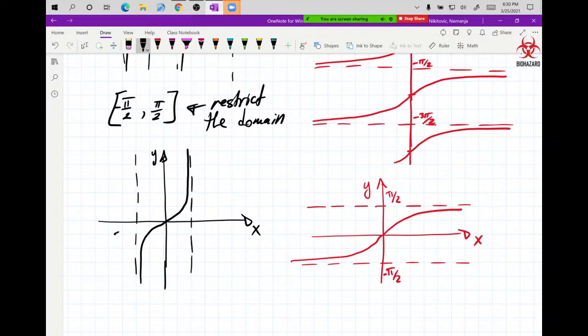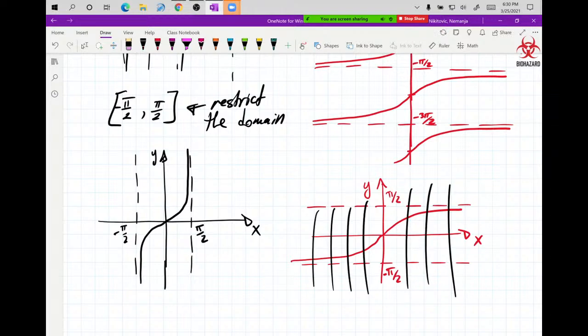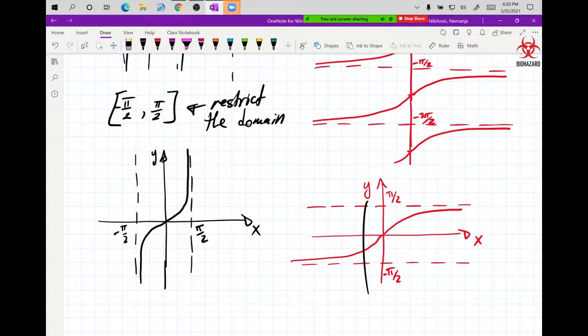I did not label these guys, because that one is going to pass the vertical line test everywhere. And because it's passing the vertical line test, it's a function. And it's going to show up a lot in your calculus later on, so you might want to learn this very well.